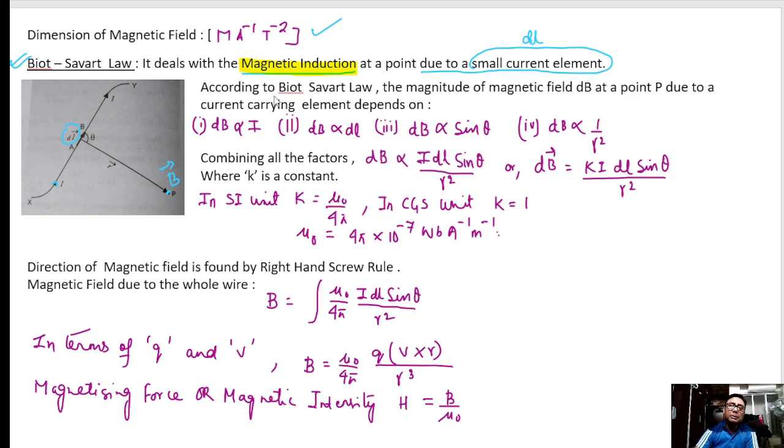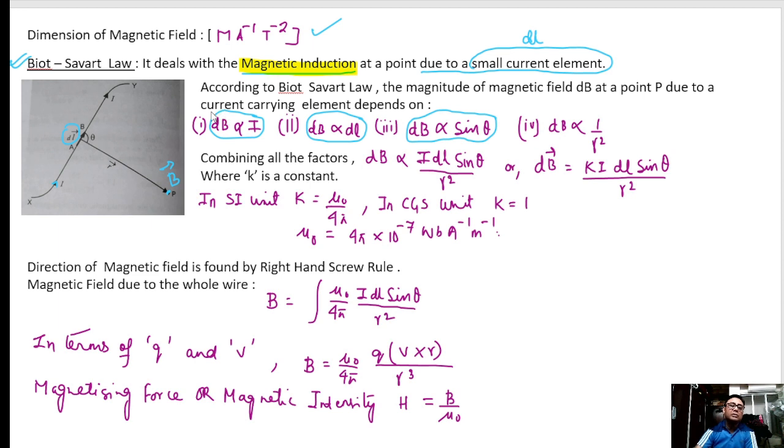Please remember that magnetic field depends on the strength of the current you are passing. Number two, it will depend upon how much length of the element you have chosen. It will depend upon the sine of the angle the distance vector and the current element are making.